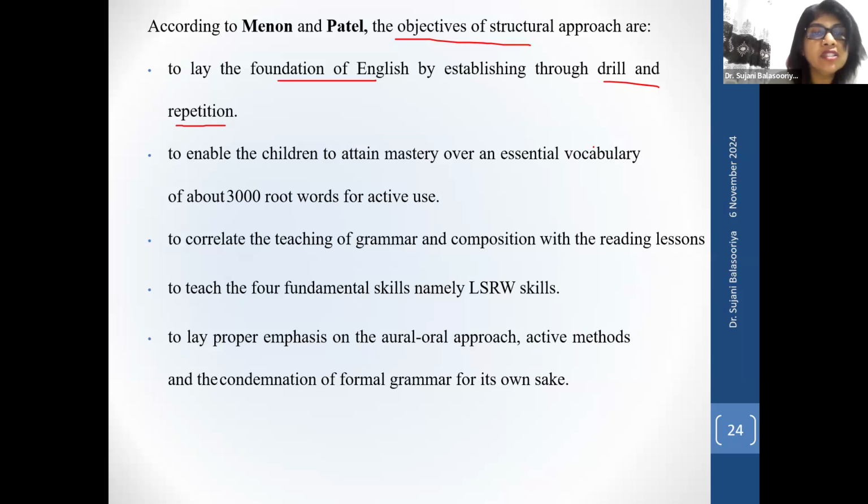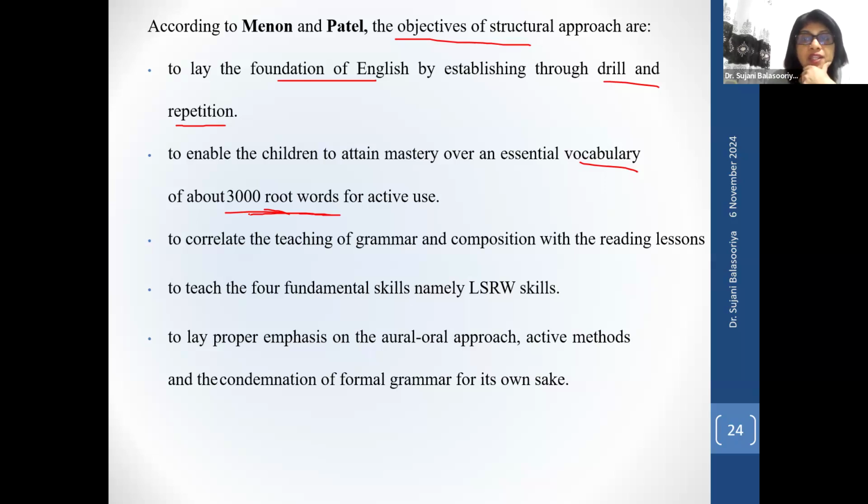And to enable the children to attain mastery over an essential vocabulary of about 3,000 root words for active use. Right? Attaining mastery over an essential vocabulary about 3,000 root words. 3,000 root words, right? Not 3,000 words. Root words means if you know a root word, you can add either prefixes or suffixes and multiply the number of words you know.